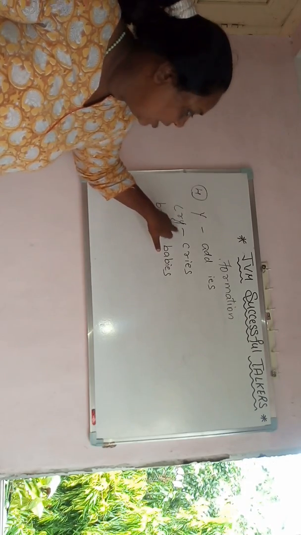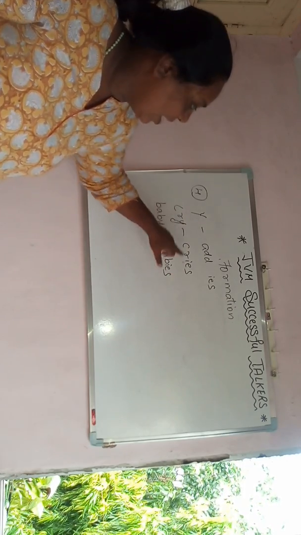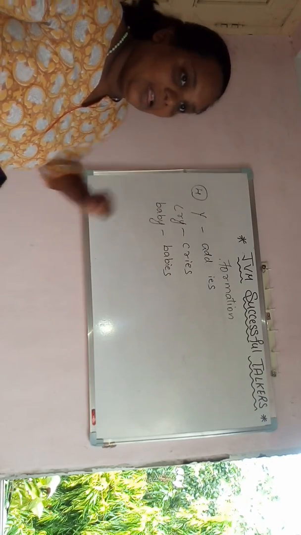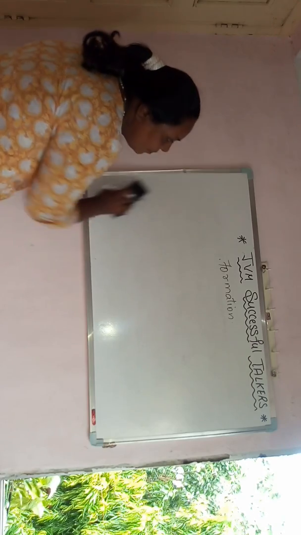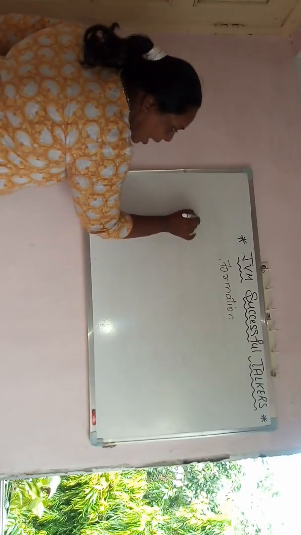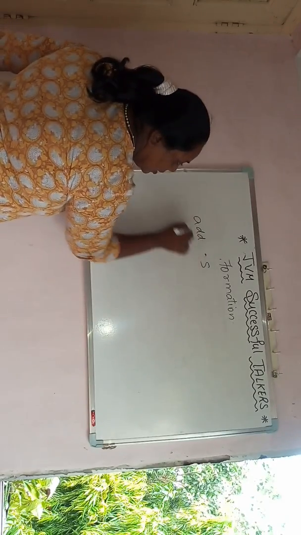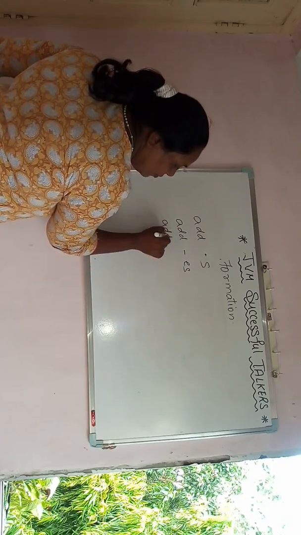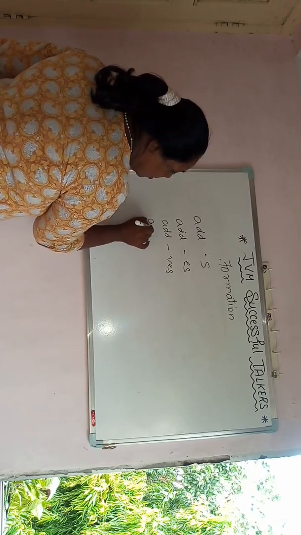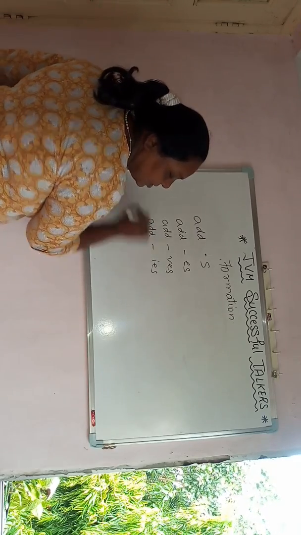So we have learned to add s, to add es, to add ves, to add ies. When we add s, for example, book, books.